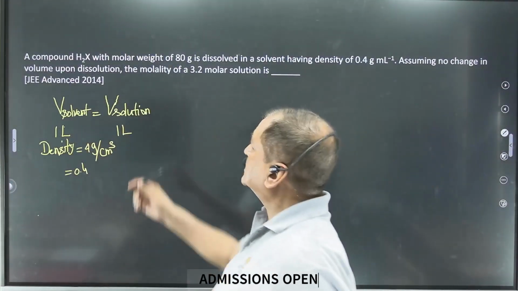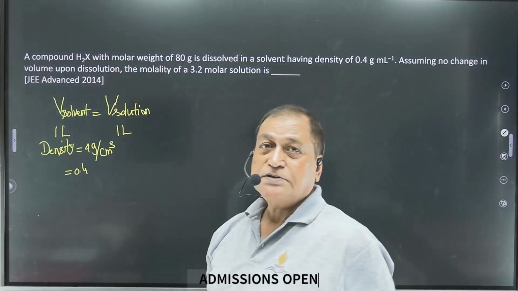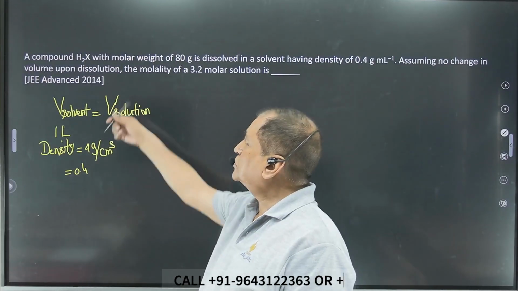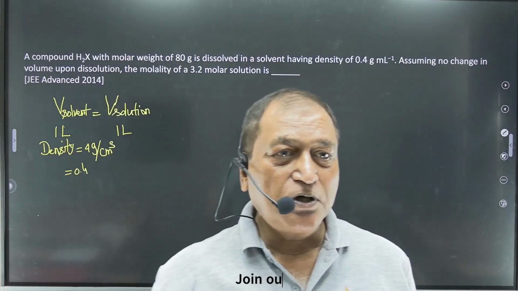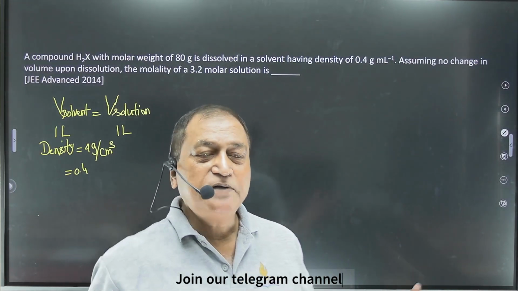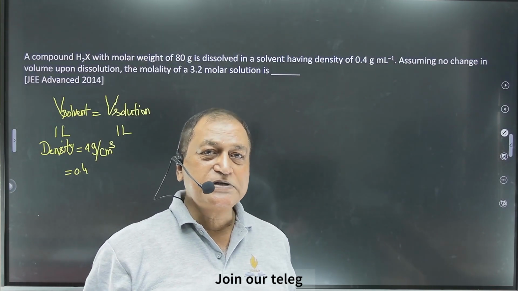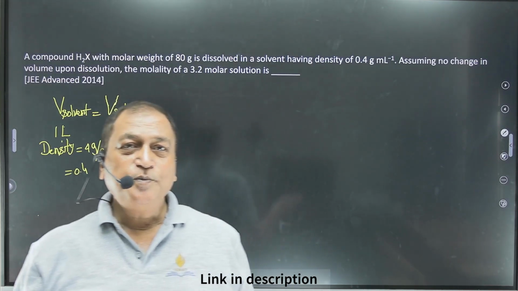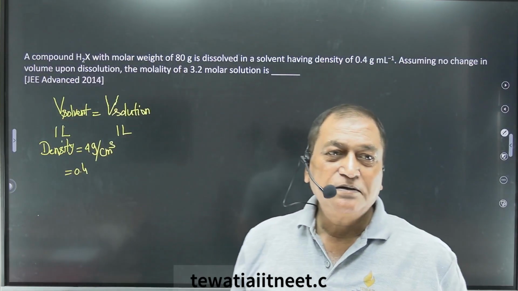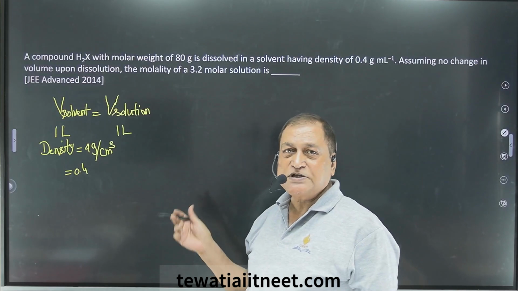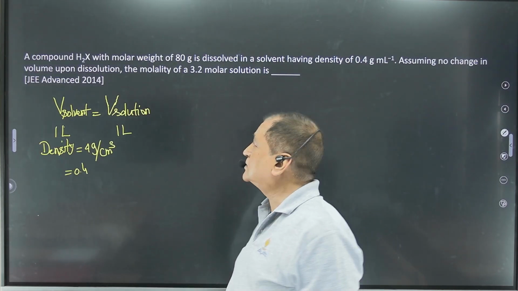So first, this is a question of JEE Advanced 2014. By this question itself, when I solve it, you will mark the difference that compared to numericals of physics and mathematics, these numericals in chemistry are very, very simple.